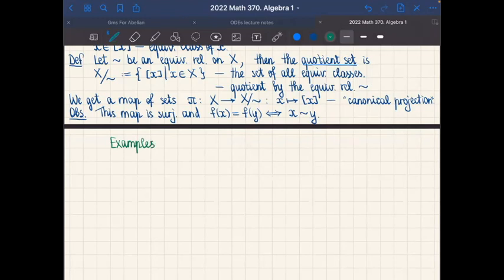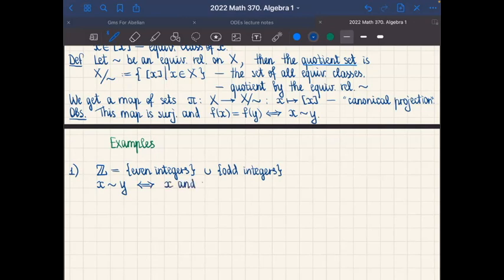Let me consider some examples of taking quotient sets. In the first example, we take Z and we split it into two parts, even integers and odd integers. The corresponding equivalence relation is that x is equivalent to y if and only if, by definition, x and y have the same parity.